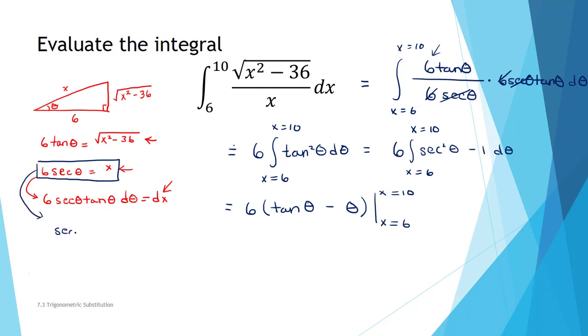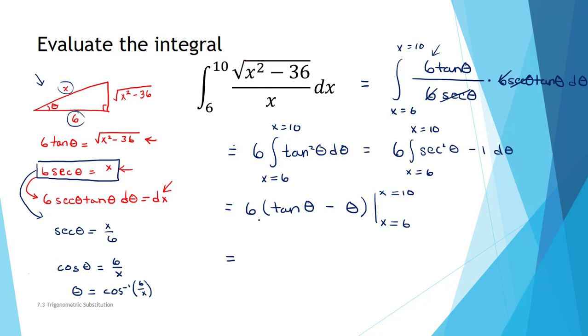So this tells me that secant theta is x divided by 6, and because I don't really want to deal with secant inverse, I'm not really ever sure what to do with that, I'm going to take the reciprocal of both sides and write cosine of theta equals 6 over x. You could also just look at this original triangle and read off adjacent over hypotenuse to get cosine theta. So this tells me that theta is equal to cosine inverse of 6 over x.